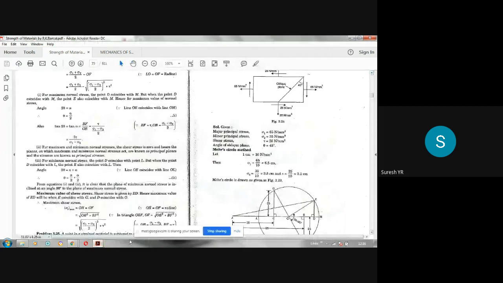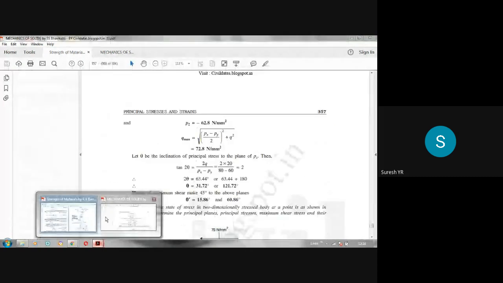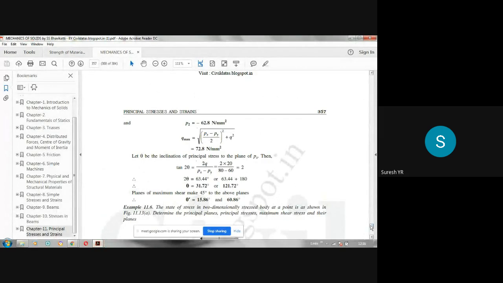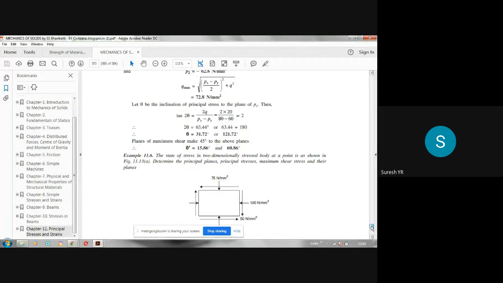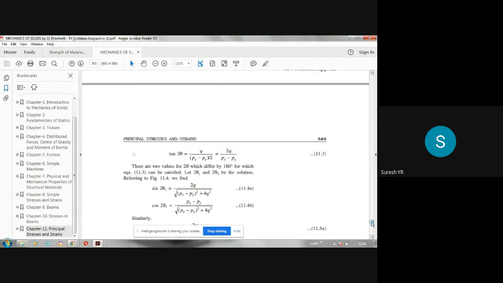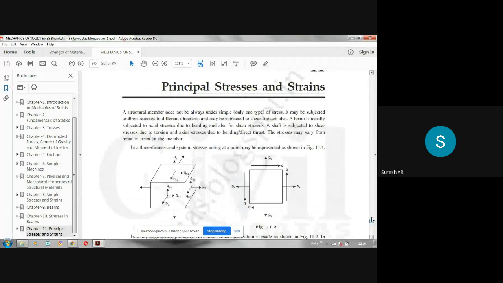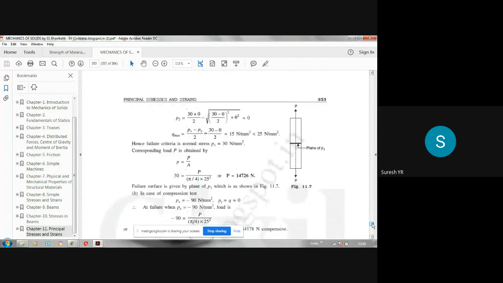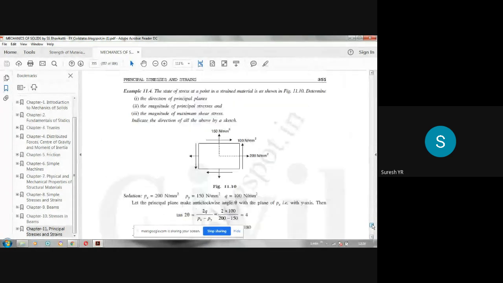Check the value. Sigma x is 80, sigma y is minus 60 because compression. We check once again the problem.